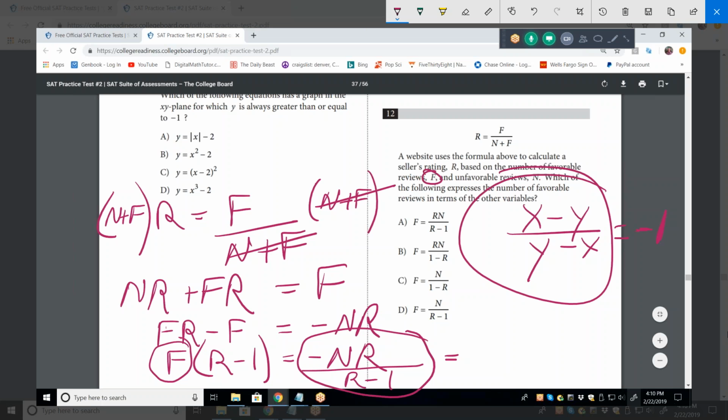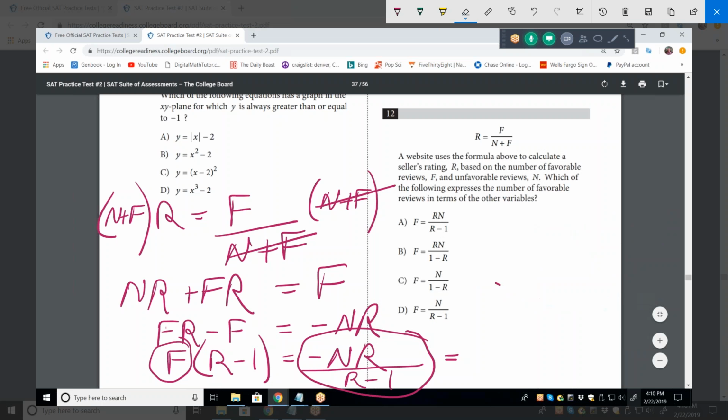Okay. So, which answer is the correct answer? It's not exactly what I have circled, but it's very close. First of all, we can rule out these two. They don't have an N R in the numerator. But the other two have a positive N R in the numerator, or R N. So then would it be B?